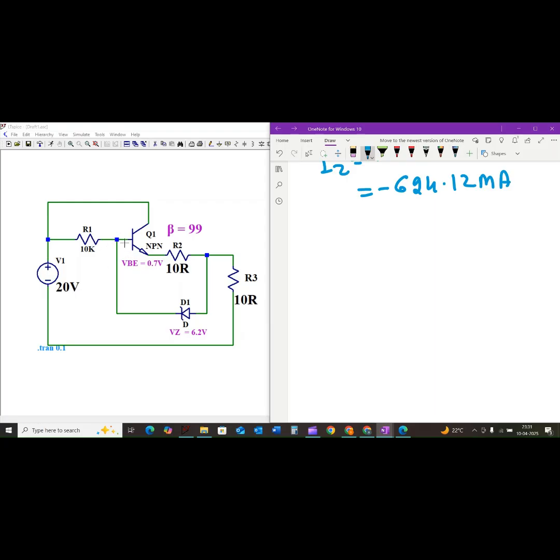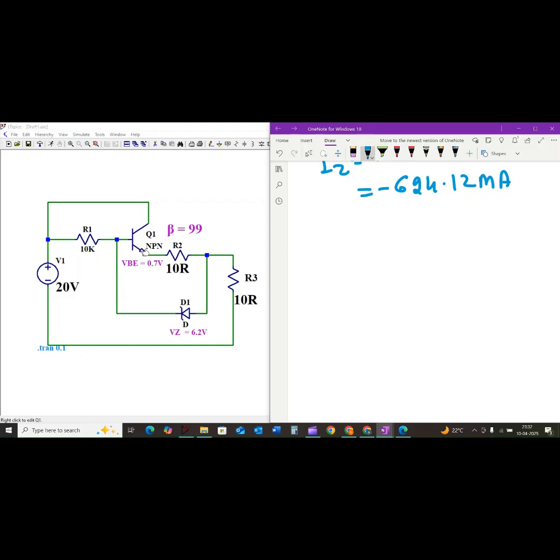The Zener diode in this case is probably not in breakdown and is acting more like an open circuit. If the Zener is not conducting, the base current flows through the resistor R2.